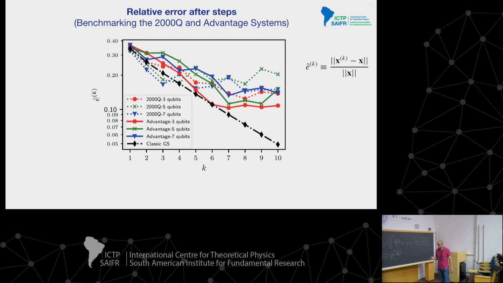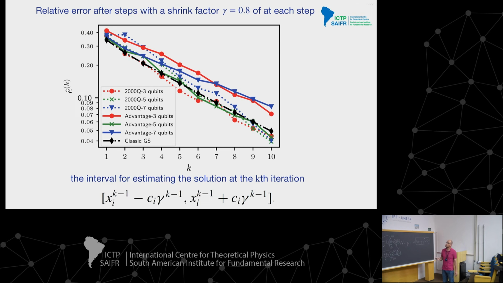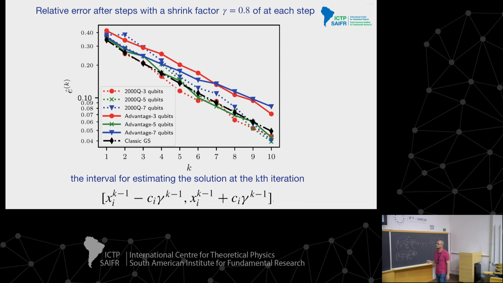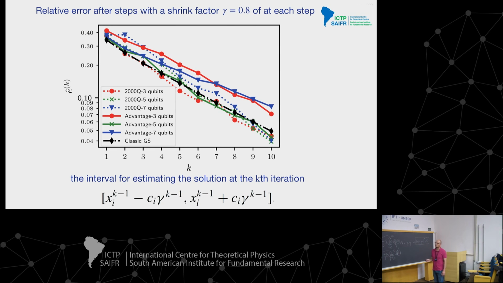To overcome this problem, what we have done was, after each step, to shrink the interval in which we are describing our solution, x, and this is the factor gamma. So after each step, the computer must find the solution in a smaller interval. In this case, we found that our quantum solution can be even better than the classical one, right?